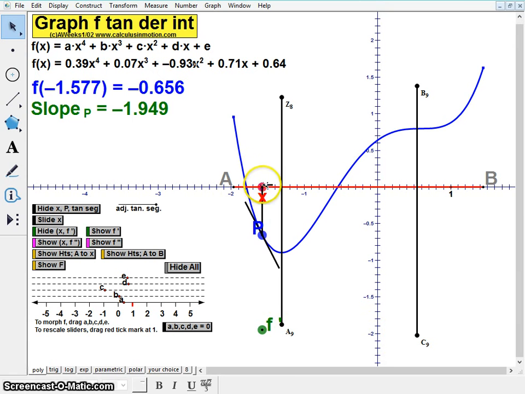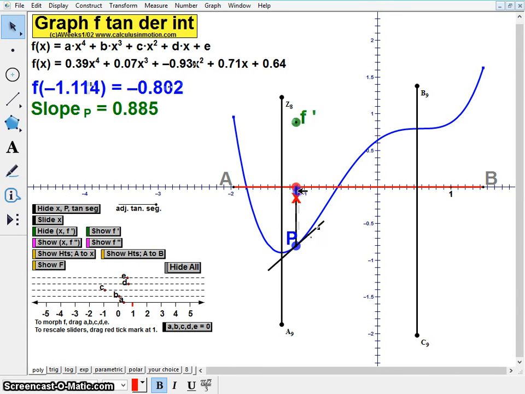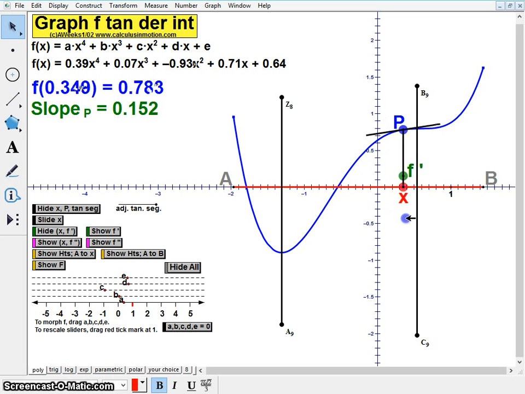So there's our y value. We hit that spot where it's 0. Then we go all the way over here. Everything's positive, everything's positive, everything's positive. But right there, our tangent line becomes 0. Our slope becomes 0. So our f prime, that green dot, has to be on the axis. And then we start to move over and it goes up again.